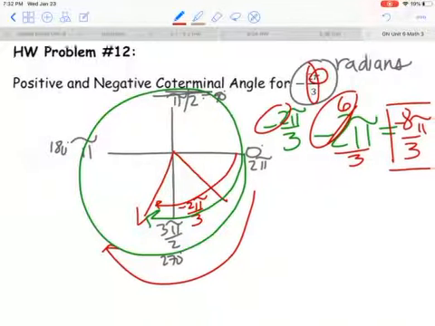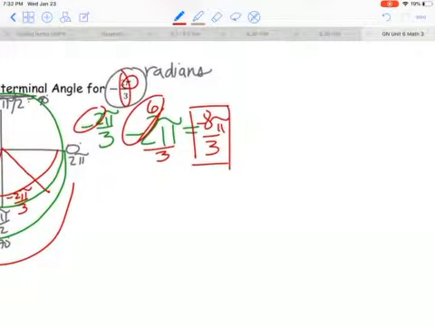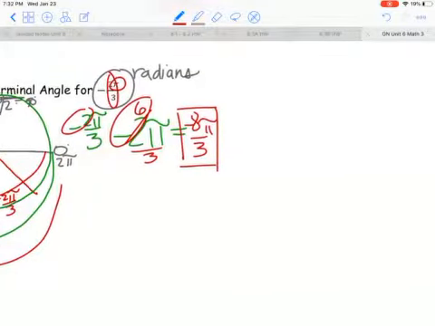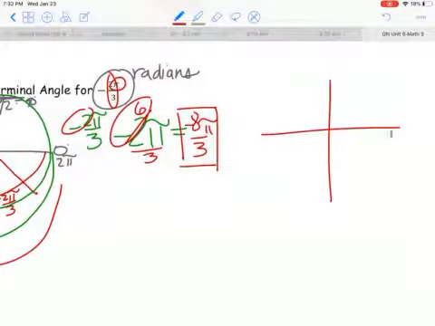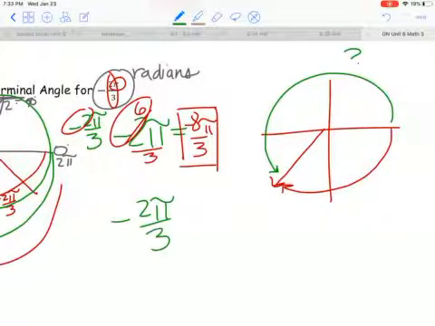Okay? And then let me draw this again so we can see our positive angle, because we want a negative and a positive. So, again, we have -2/3 pi. And now I want to go in the positive direction to that same angle. So we want to know what that is. So we can take the same angle and add 2 pi to it, because we're going to add as if we're going all the way around.